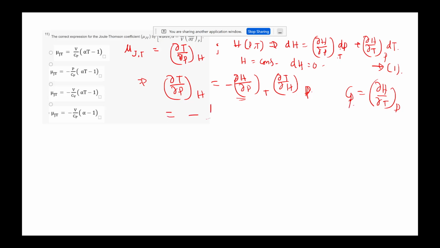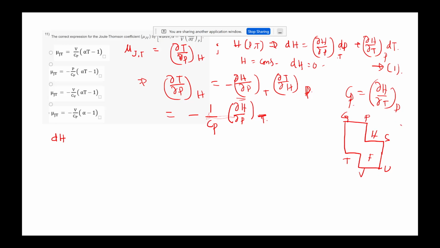This will be minus 1 by Cp del h del P at constant T. Now, if you remember the mnemonic, good physicists have studied under very fine teachers, then we have said that this is positive x, this is positive y, and you have to multiply with the conjugate variable.